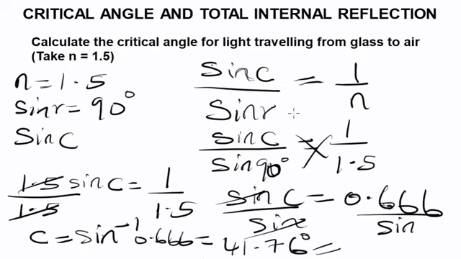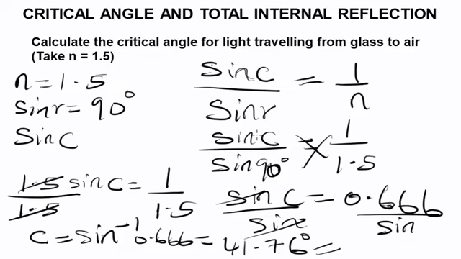Now, when the critical angle is exceeded, it causes total internal reflection. Total internal reflection occurs when the critical angle is exceeded for light traveling from a denser medium to a less dense medium.